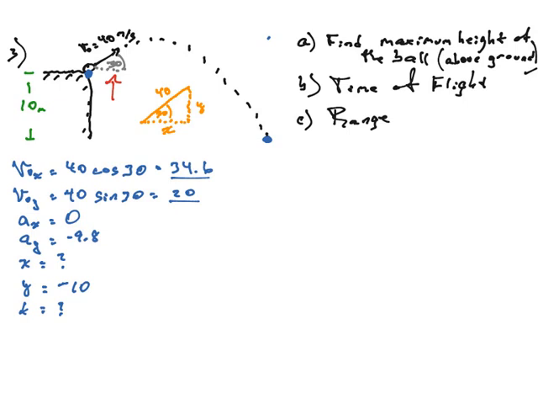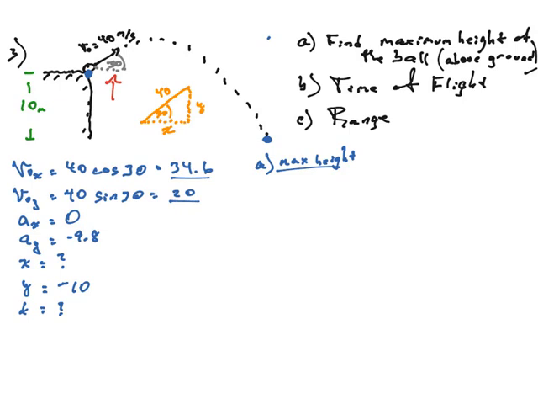So let's start. Part A, max height. Well, by now, I've done a bunch of cannonball problems. Hopefully you've done a bunch of cannonball problems. And it's clear, every time we want to find maximum height, that tells me two things. Number one, I'm looking for a distance in the y direction.